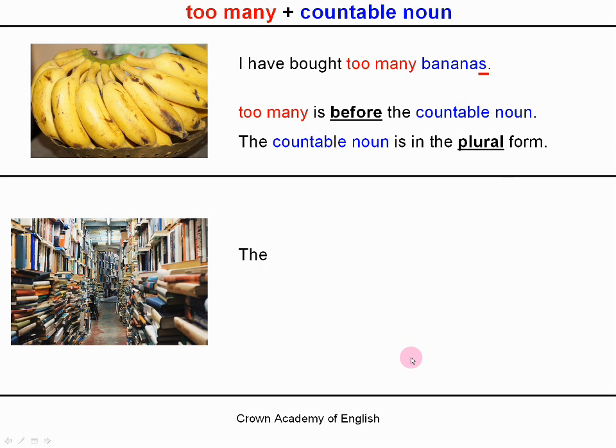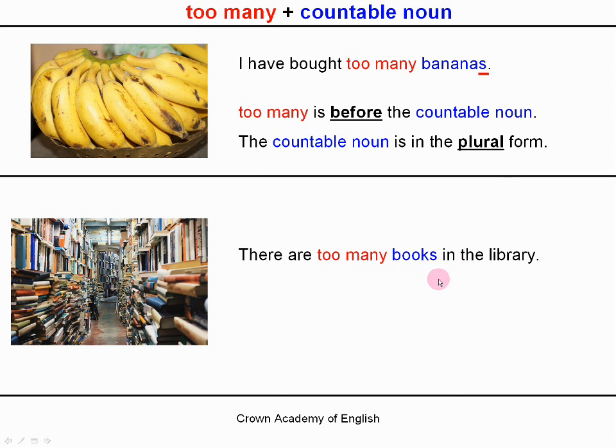Another example. There are too many books in the library. So the word book is a countable noun. We can have one book or several books. So we must use too many.